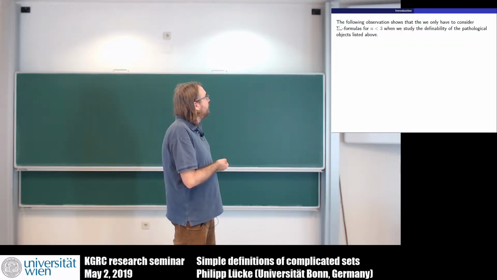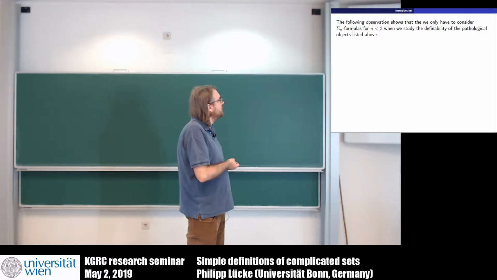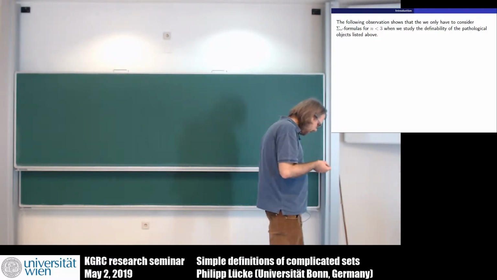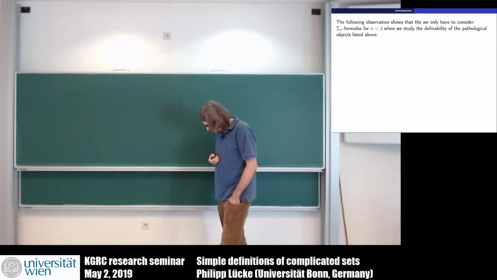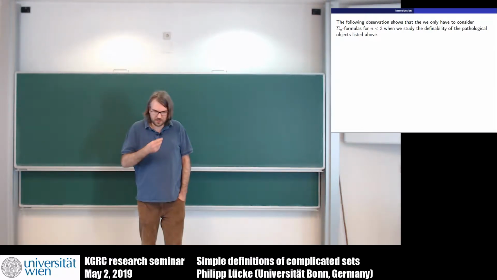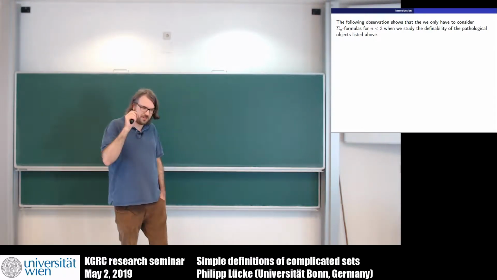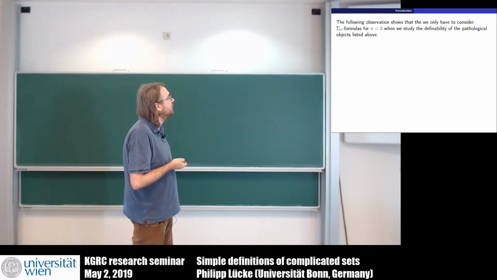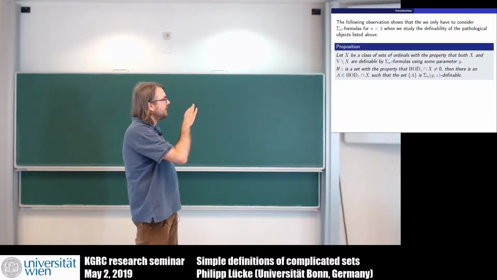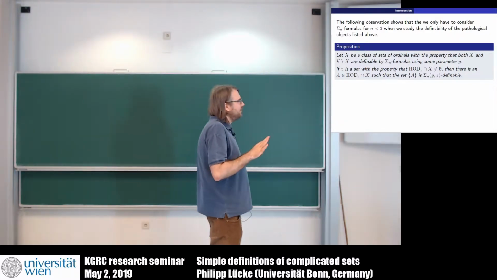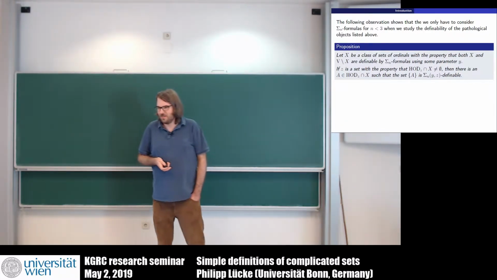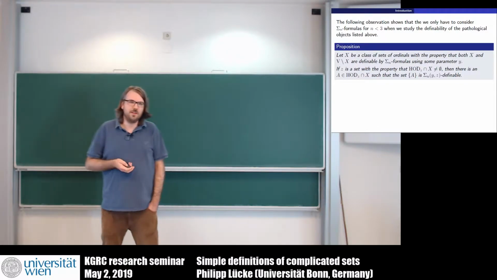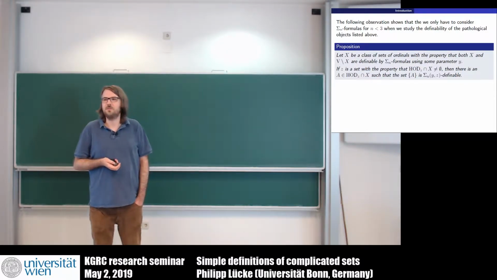Okay. And now, the first observation is that when we look at this kind of definability, the only interesting cases are the cases of sigma 0, sigma 1, and sigma 2 formulas. This is because of the following proposition, and this is really just a complicated way of saying that the well ordering of H(κ) is a good sigma 2 well ordering.